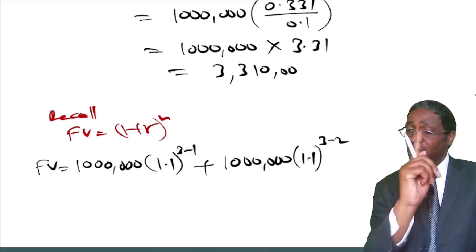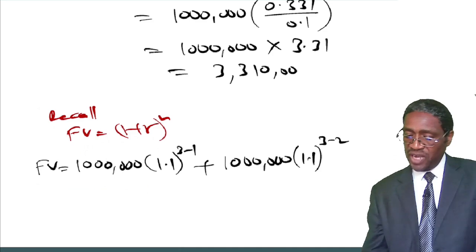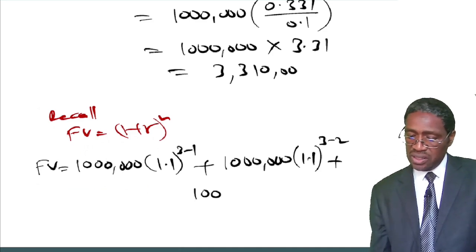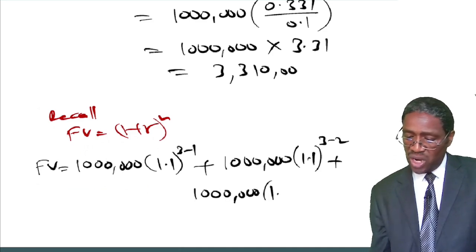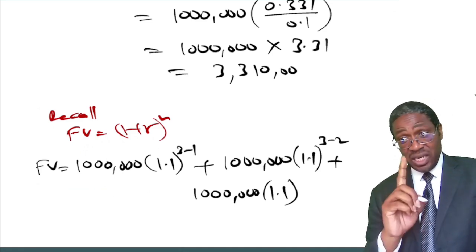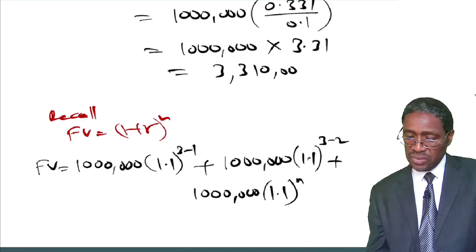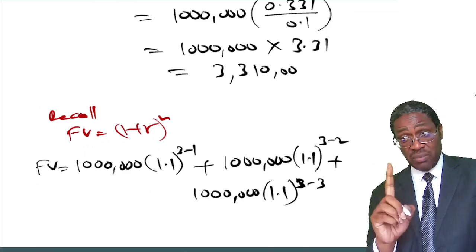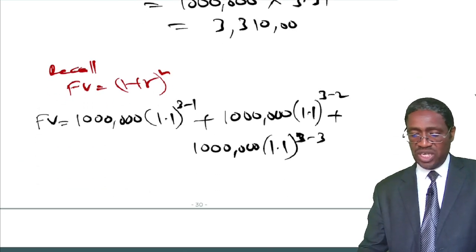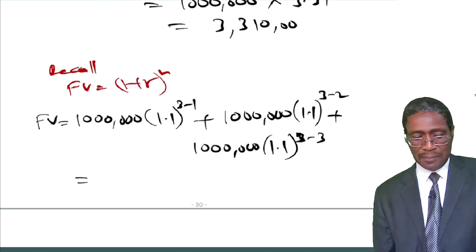So it will earn me interest for only 1 year. Finally, it will be plus 1 million into 1.1, n is 3 minus 3. That gives me 0 interest in that year.